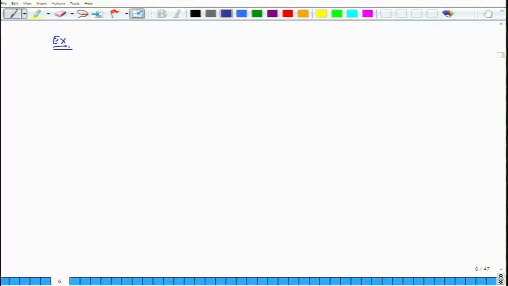The example says that we know all the engineering constants of the material. So, EL is 148, ET is 10.5, GLT is 5.61 and nu LT is 0.3, and all these are in MPa.